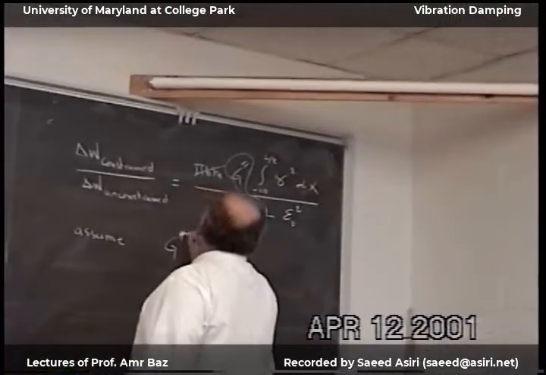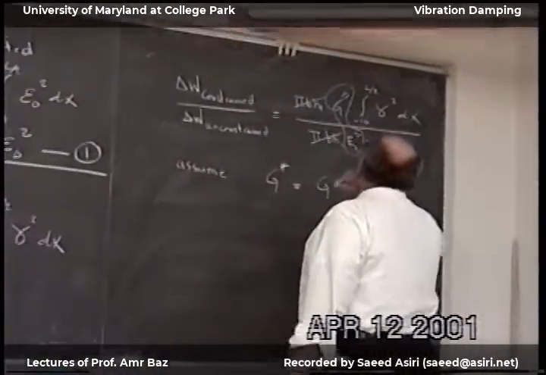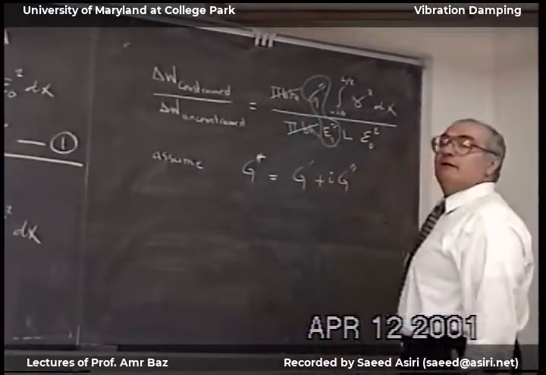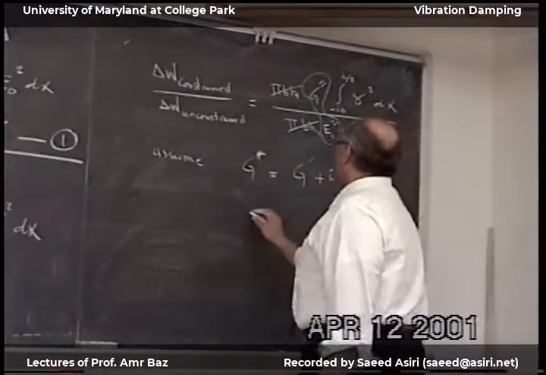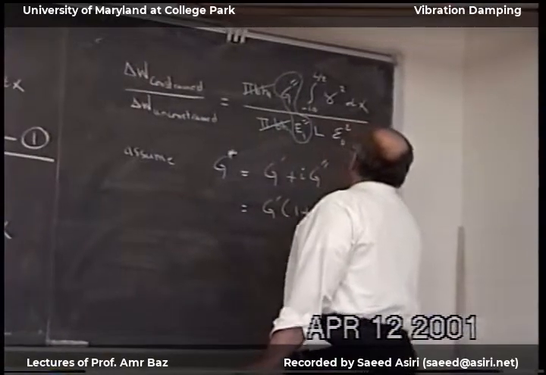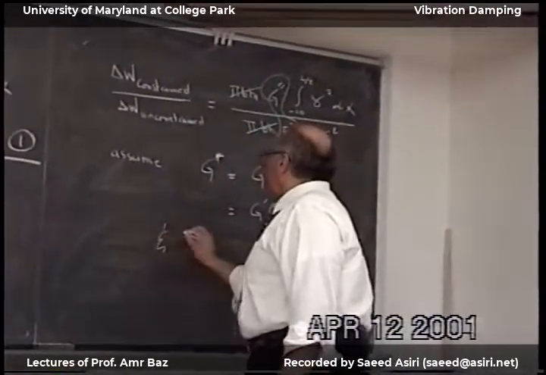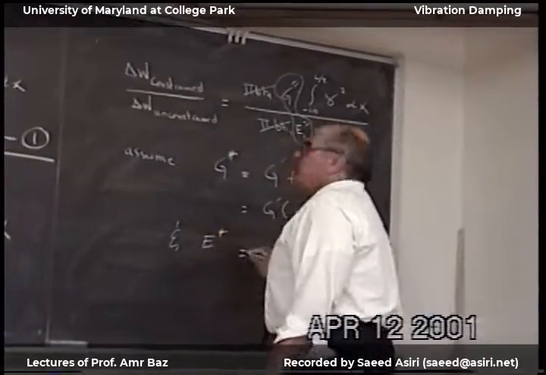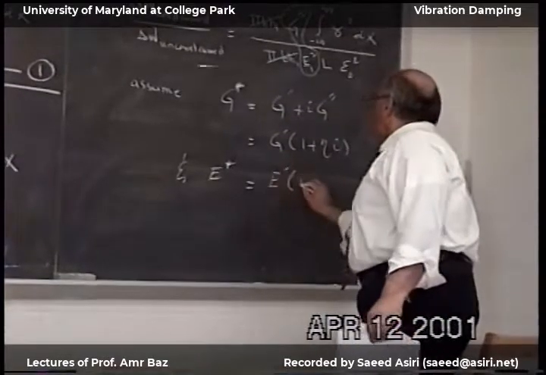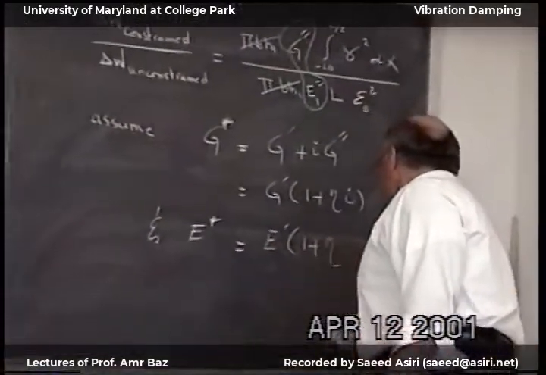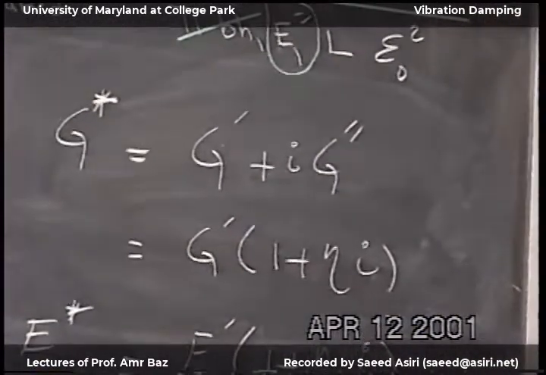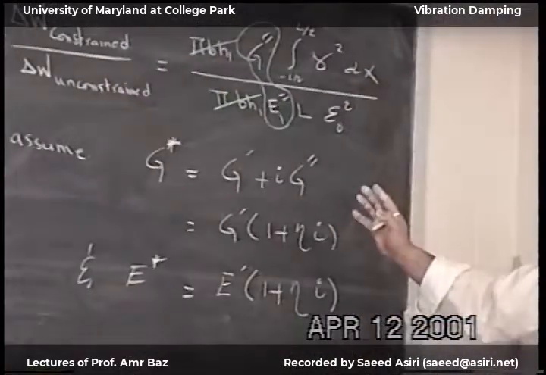Again, G is equal to G prime plus I G double prime, and this will be equal to G prime times 1 plus eta I, and E will look very similar: E prime times 1 plus the same eta I. This is legitimate for any isotropic material. The damping in any direction will be the same.